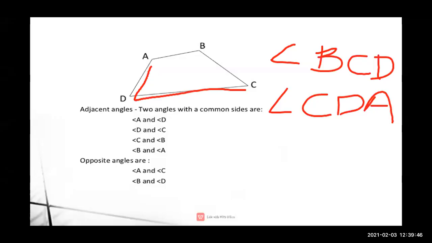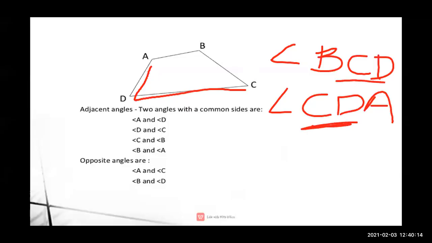Now we have taken vertex A first. Now vertex B we will take first. What we will take, B we will take first. So BCD will be our first angle, and then CDA will be our second angle. See, now here what is common?